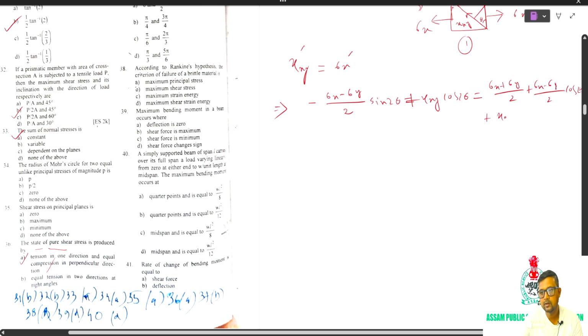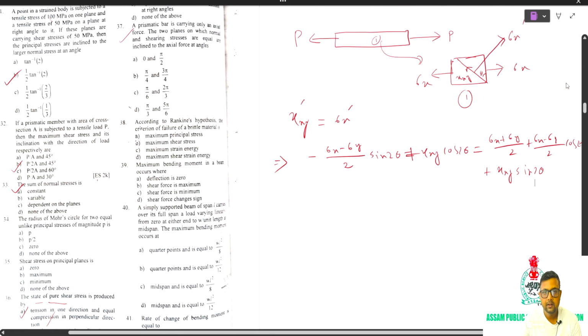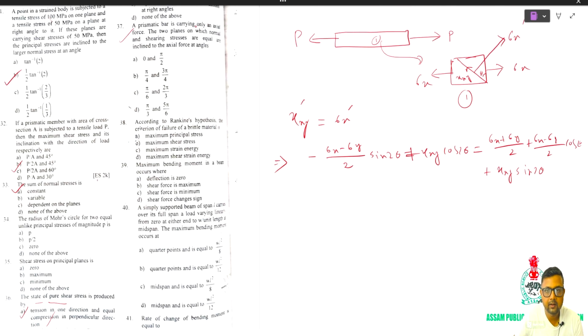plus tau xy sine twice theta. Now, look at the question. Carrying only an axial force. That means this sigma x becomes the principal stress, right? Because there is no shear and there is no stress perpendicular to this direction. Tell me, only P1 is carrying. That means this becomes 0. Tau xy is not present here.